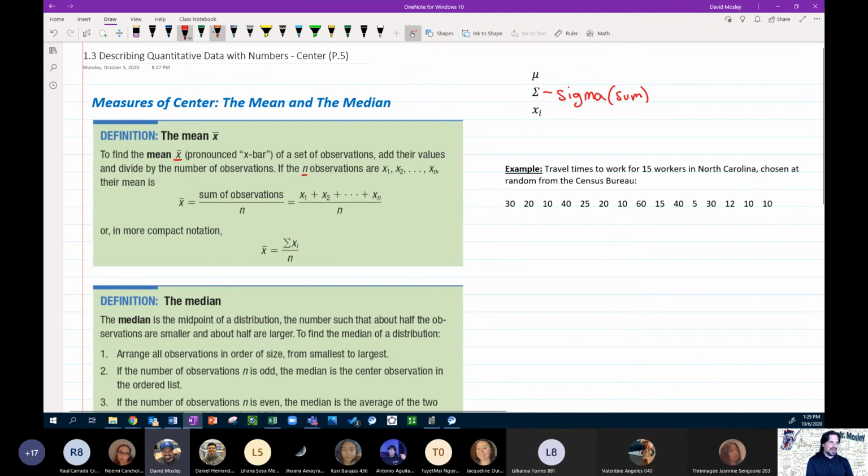The x sub i is essentially a placeholder for all the data points or values. And the little i just says this variable here can represent any of my numbers in my data set.